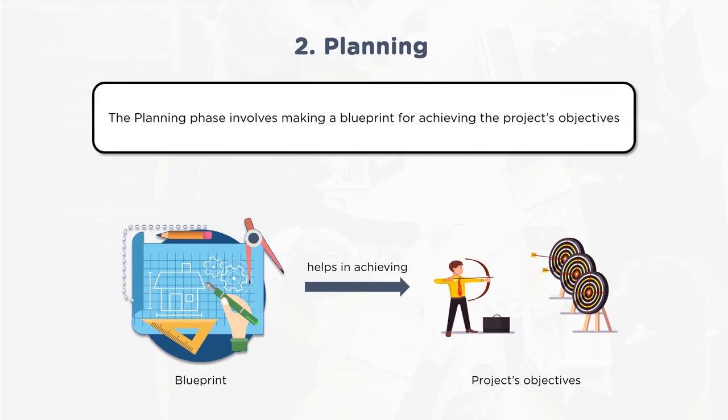If you are going with an agile approach, in this planning you may have a big skeleton, and as you go through each iteration, you go deeper into detailed planning. So planning provides clear insight into what needs to be done in this project, how it has to be done, and what results can be achieved out of that particular project. This involves making a clear blueprint of the project objectives, what we are supposed to achieve. This becomes a reference point throughout the project life cycle.